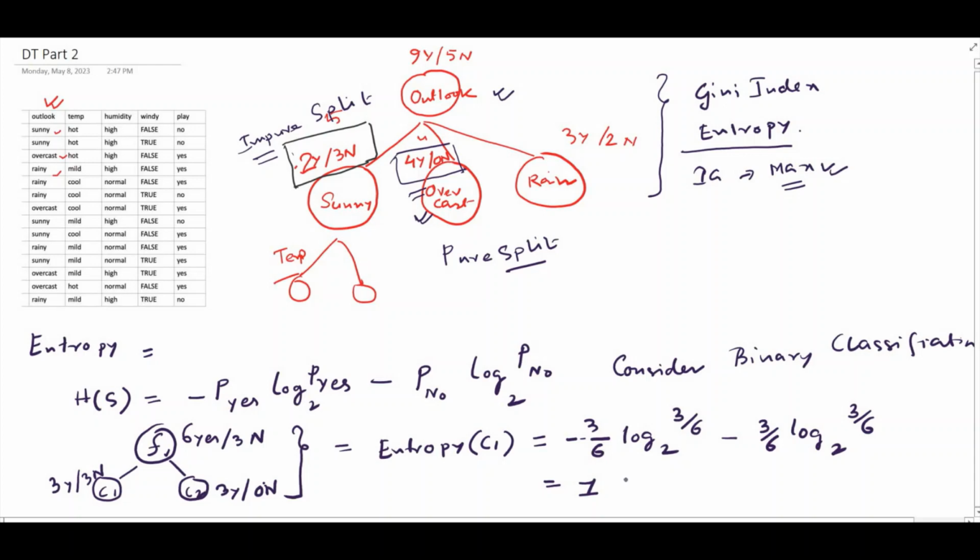Okay, clear? I'm not going into that much detail, but this will come out as 1. And when it is 1, it is saying that it is an impure split.